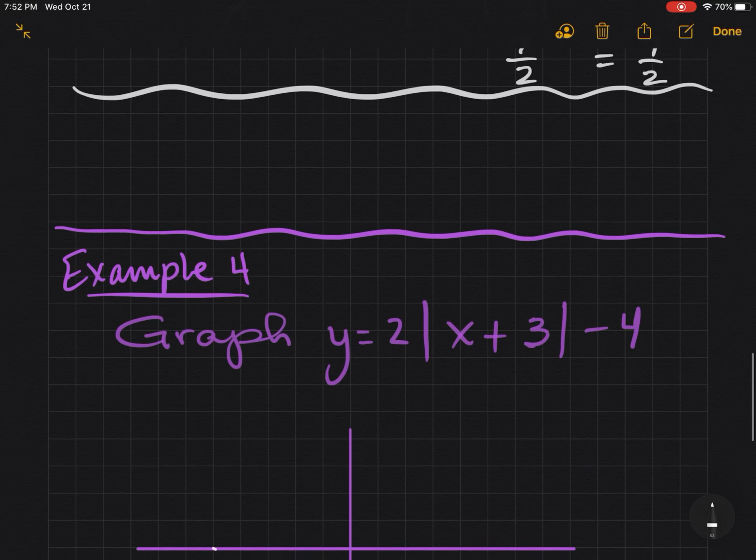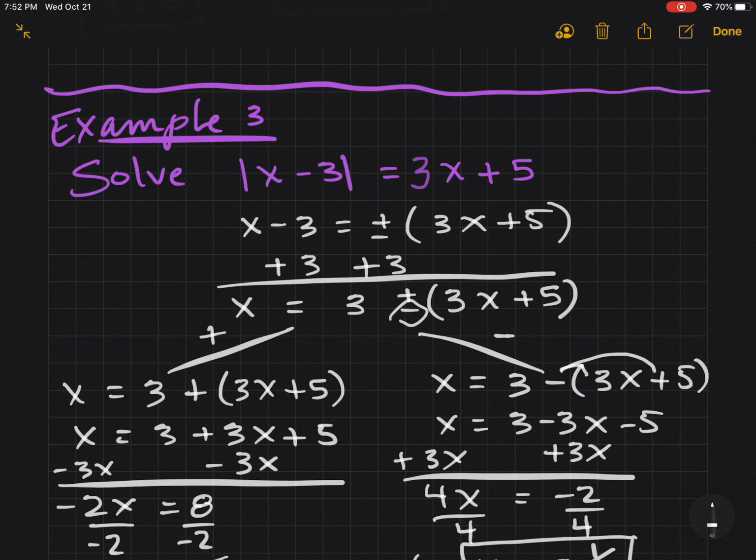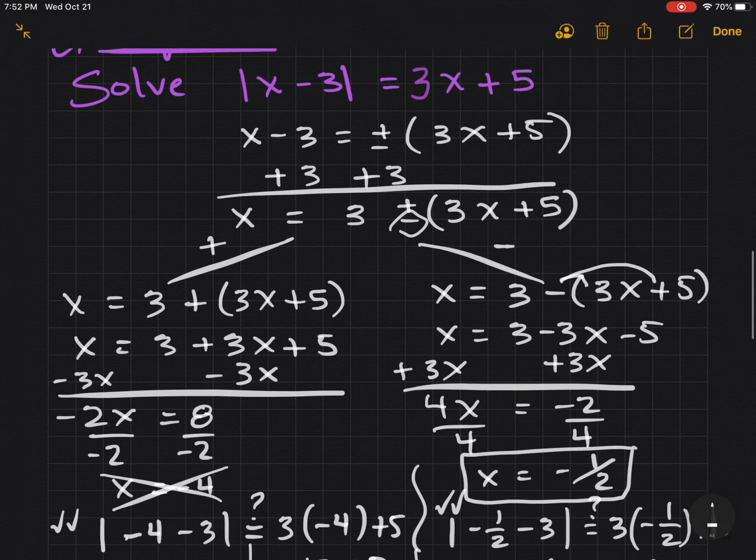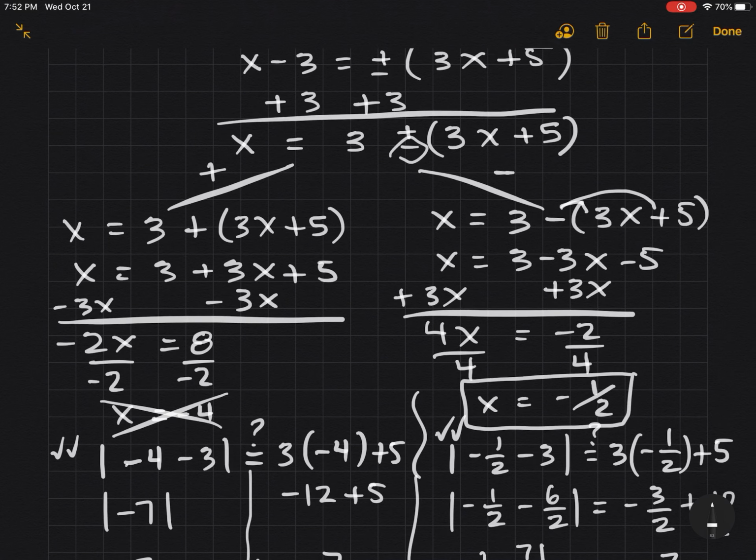Now, before I move on, let's review that process. We had to go plus or minus. When you remove the bars, plus or minus on the other side. And that gave me 2 equations.